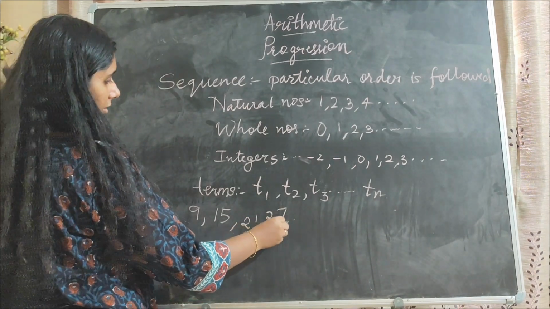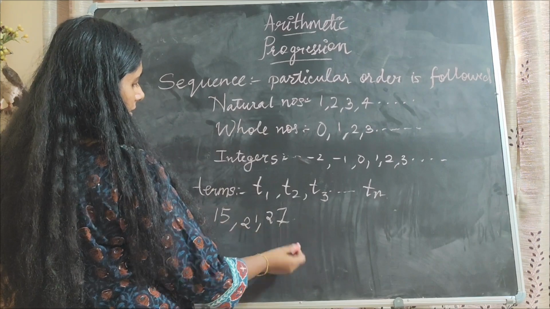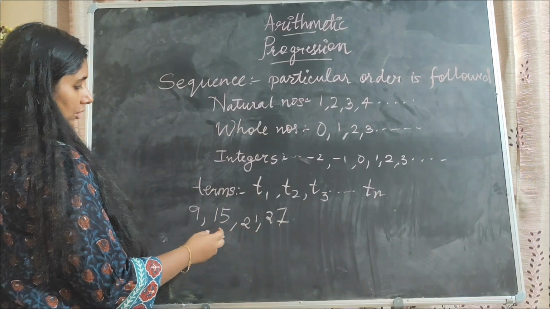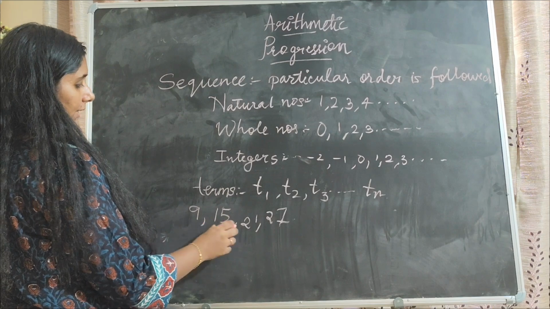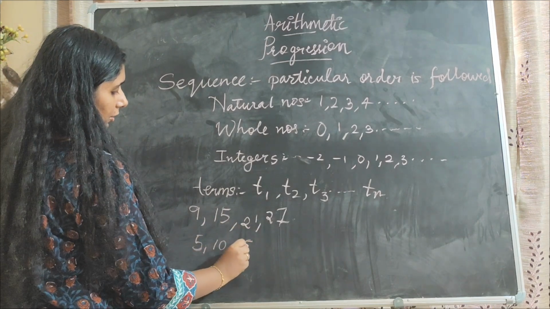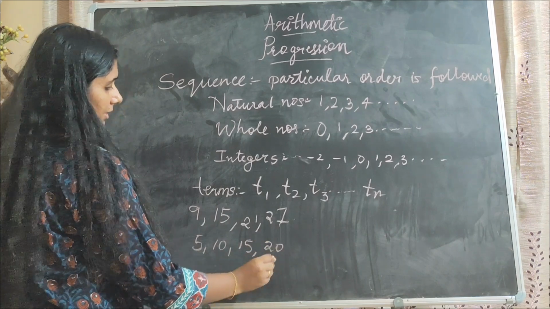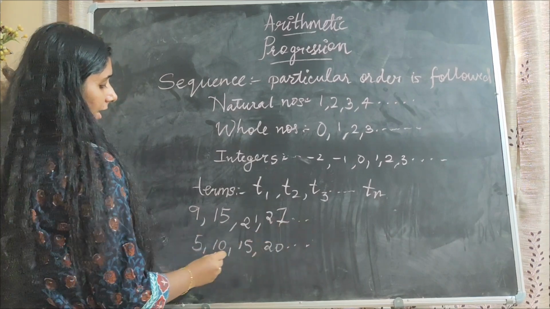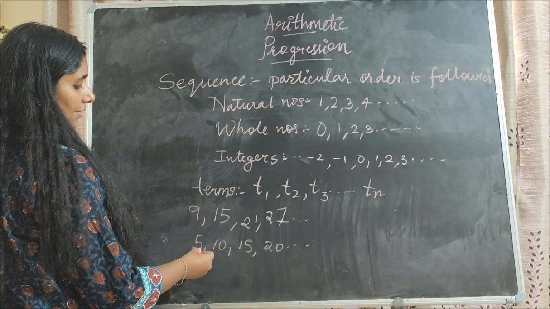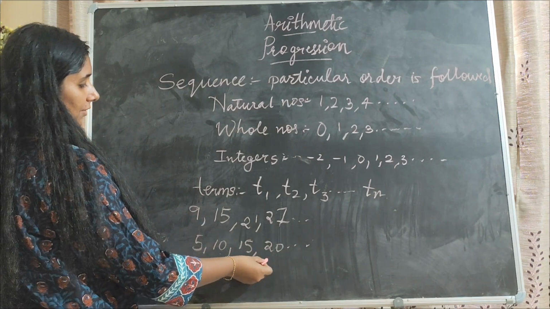A sequence could have any type of common thing, for example 5, 10, 15, 20. This is also a sequence where every term is a multiple of 5: 5 ones are, 5 twos are, 5 threes are, 5 fives are.